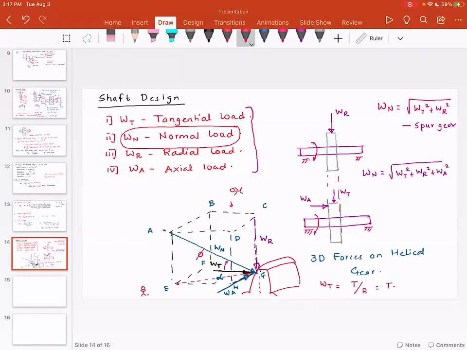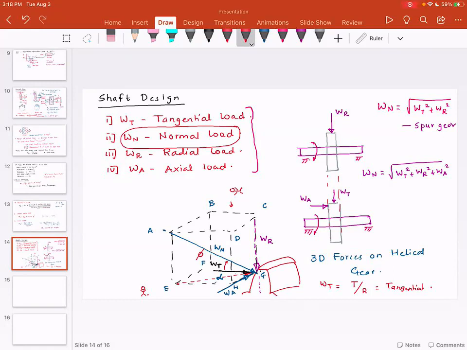So this is the tangential. And then what we do is we resolve the tangential force in the direction of alpha and phi, and then we find out the component Wr and Wa. So I will work out a problem, and at that time these force systems will be clear.